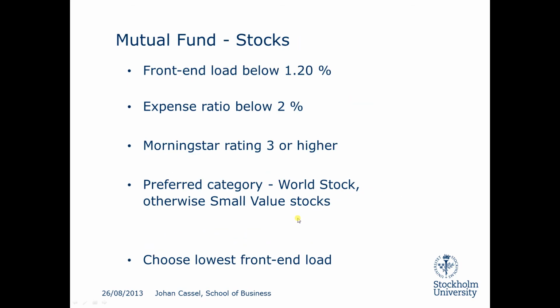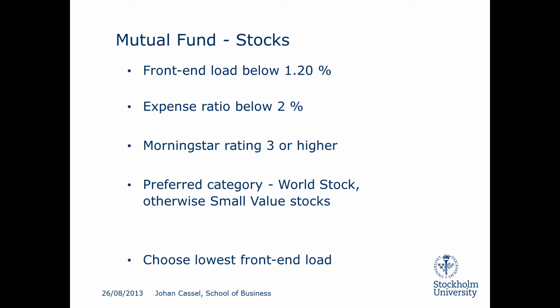So, now I'm going to look at a mutual fund that invests in stocks, and I would like a front-end load that is below 1.20%, or actually I require that. I would like an expense ratio that is below 2%, and I would like a Morningstar rating that is 3 or higher. My preferred category is world stock, and if I can't find one that fits my above criteria, then I will choose to look at small value stocks.